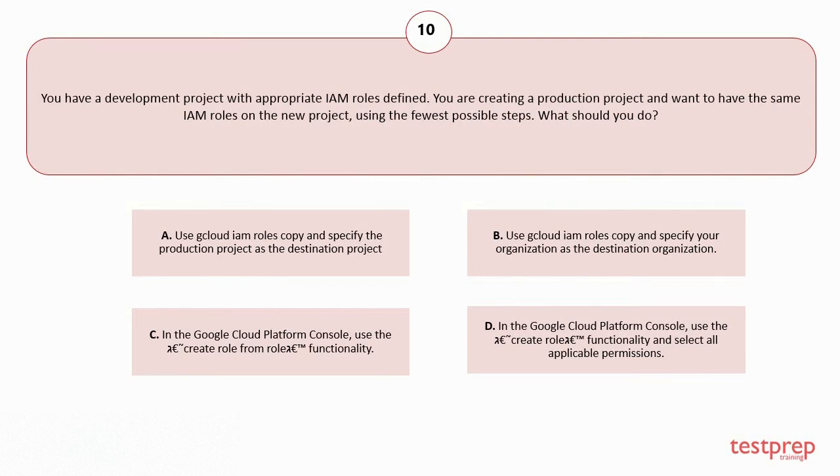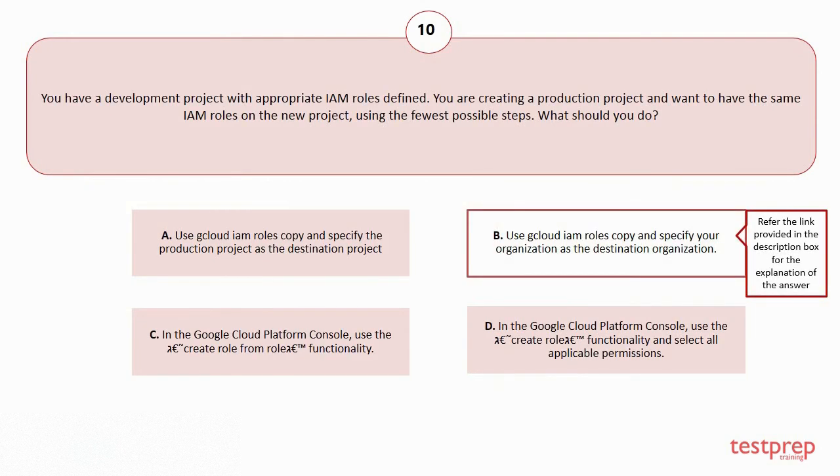B. Use Cloud IAM roles copy and specify your organization as the destination organization. C. In the Google Cloud Platform Console, use the following role from this functionality. D. In the Google Cloud Platform Console, use the following functionality, and select all applicable permissions. The correct answer is option B.